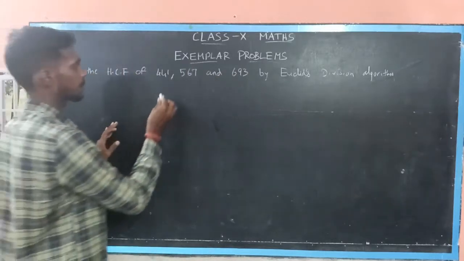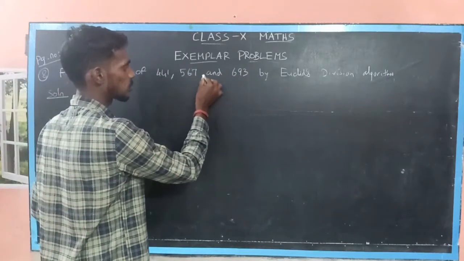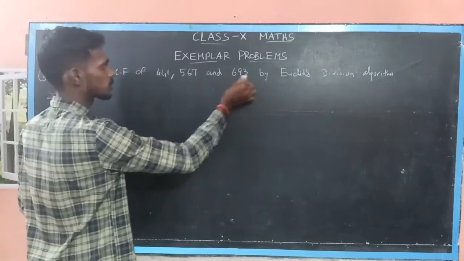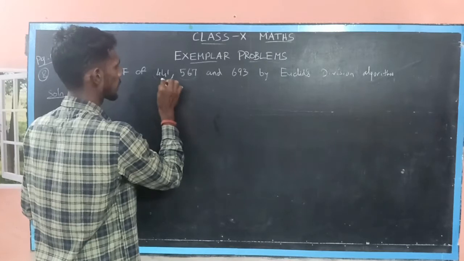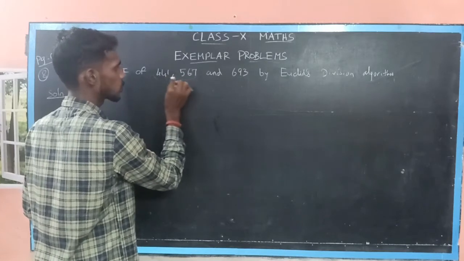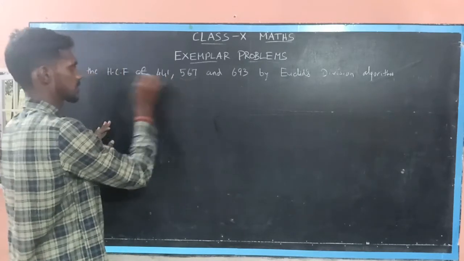Here I am taking the smallest two values. The smallest two values among the three are 441 and 567. So I am going to apply Euclid's division algorithm to these two positive integers.